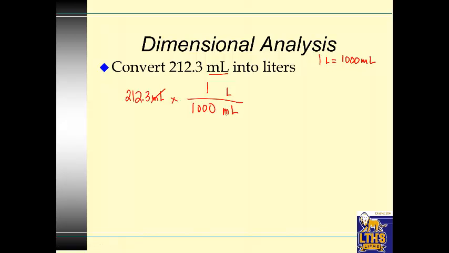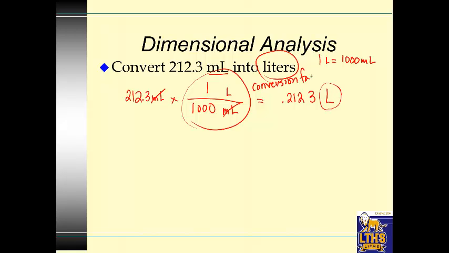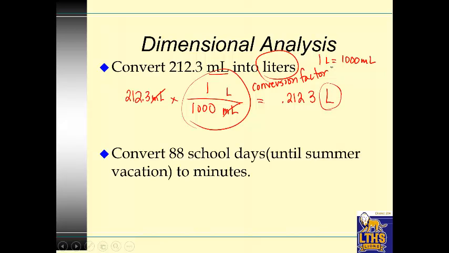And then this unit and this unit cancel out, and we're left with liters. And we have to do 212.3 divided by 1,000, so we have 0.2123 liters. Okay, notice the units cancel out, and you're left with the unit you wanted to get to. And this was our conversion factor.